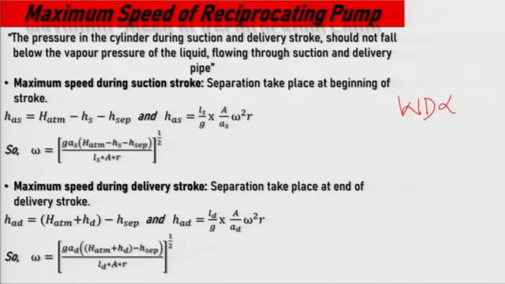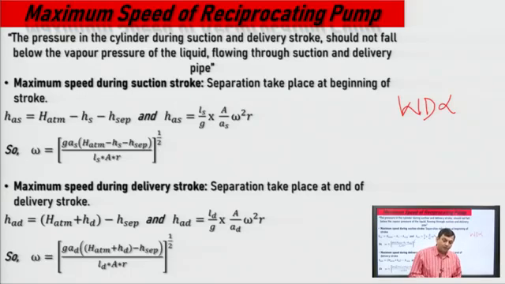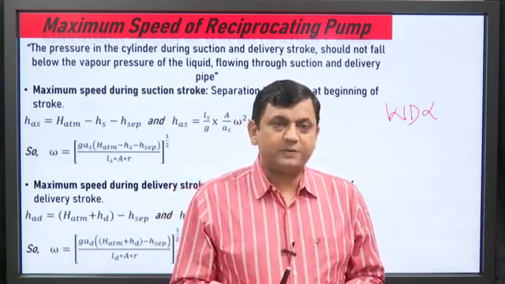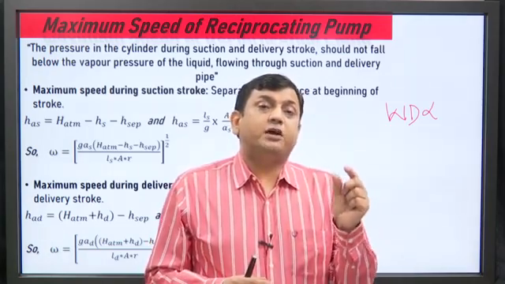Next, very important, is the maximum speed. What is the maximum speed of a reciprocating pump? One concept, all of you know, is the effect of cavitation. If fluid is flowing in a pipe and anywhere the pressure falls below the vapor pressure, there is a chance of bubble formation.